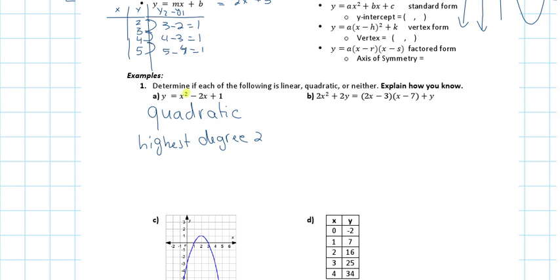Okay? So to FOIL this, multiply the first by the first, outer, inner, last.